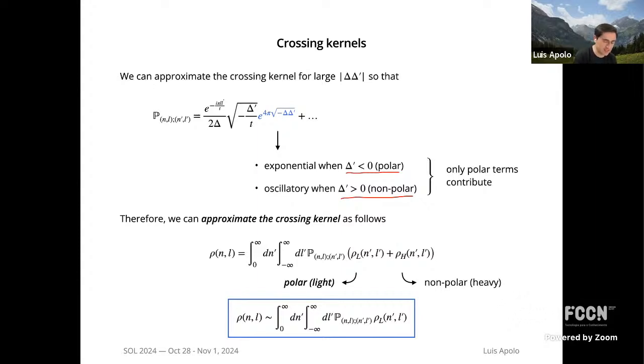So we can split the density of states that appeared in the integrand into two parts, the polar and the heavy part, and we're going to ignore the non-polar or heavy part, so that our approximation for the density of states is going to be given by an expression that receives contributions only from the density of light states. So in that case, it's very important to understand how this density of light states grows as a function of the parameters.